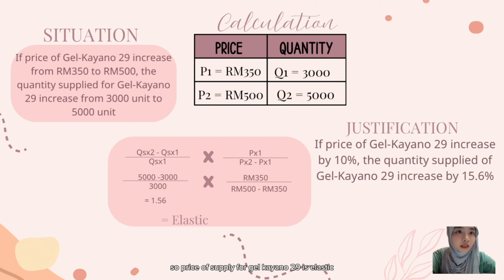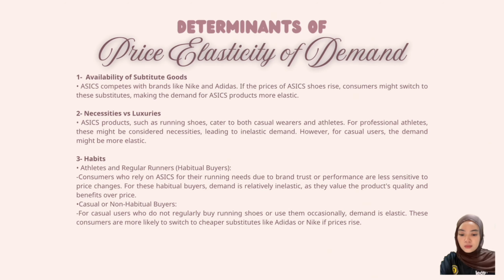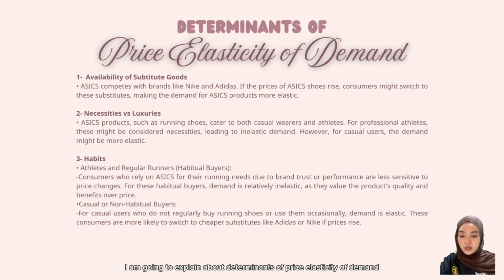So price elasticity of supply for gel Cayenne 29 is elastic. Justification: if price of gel Cayenne 29 increase by 10%, the quantity supplied of gel Cayenne 29 increased by 15.6%.